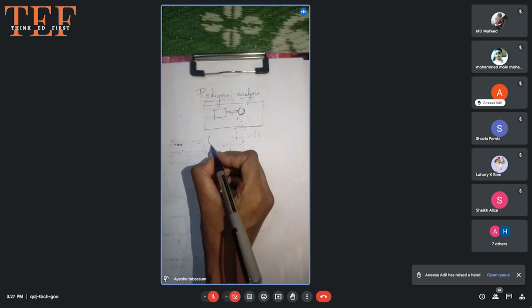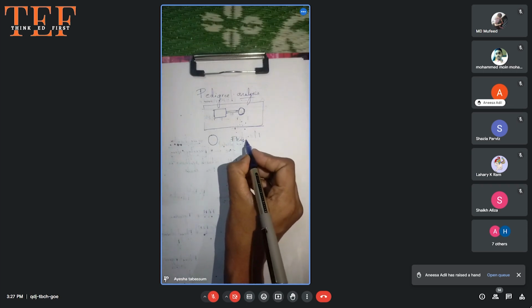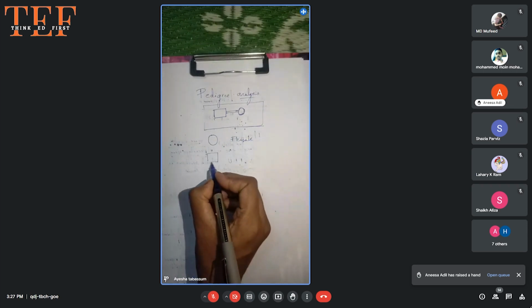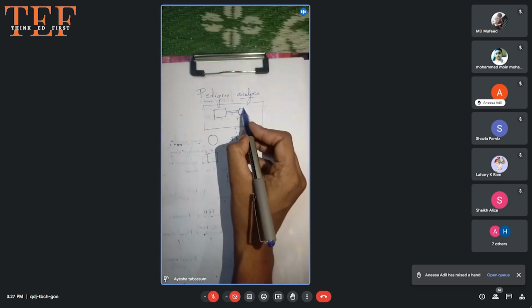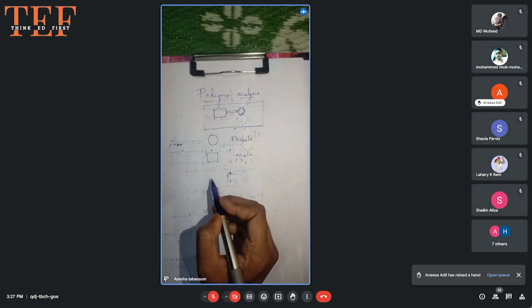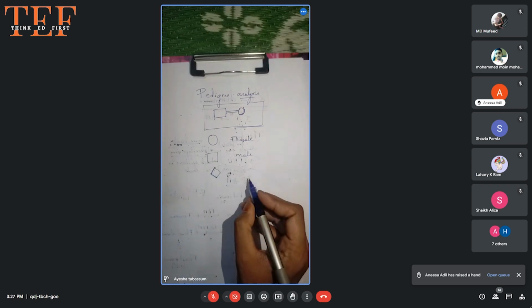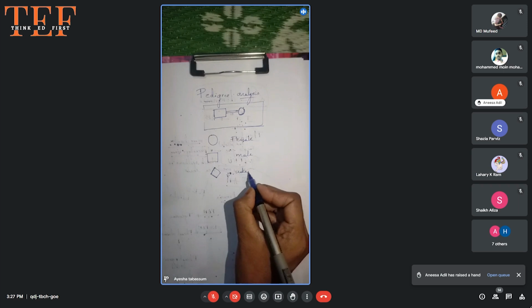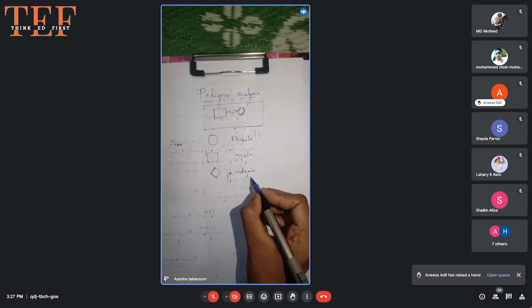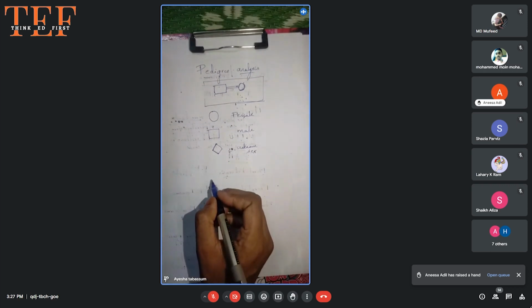Now if this circle comes, it is female. If a box, a square box comes, then male. Now you understand, this is female, this is male. And if I put like this, then it means it is an unknown sex. You don't know whether it is male or a female, and if you don't know, then you'll put like this.